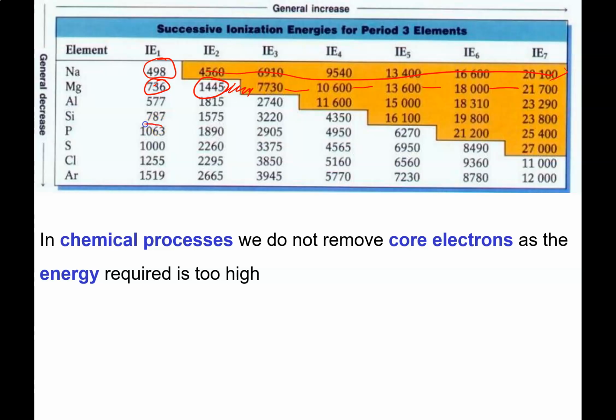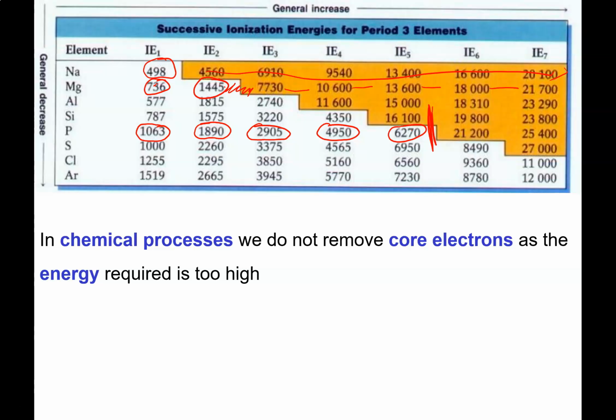If I go to phosphorus, I get a modest increase in ionization energy as I go from IE1 to IE2 to IE3 to IE4 to IE5, and then there's a huge jump between IE5 and IE6, and that lets us know that phosphorus has 5 valence electrons.